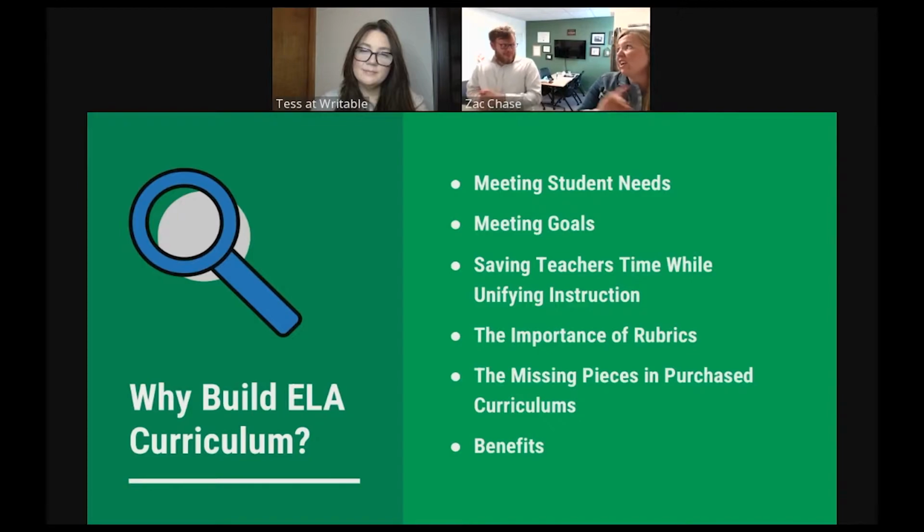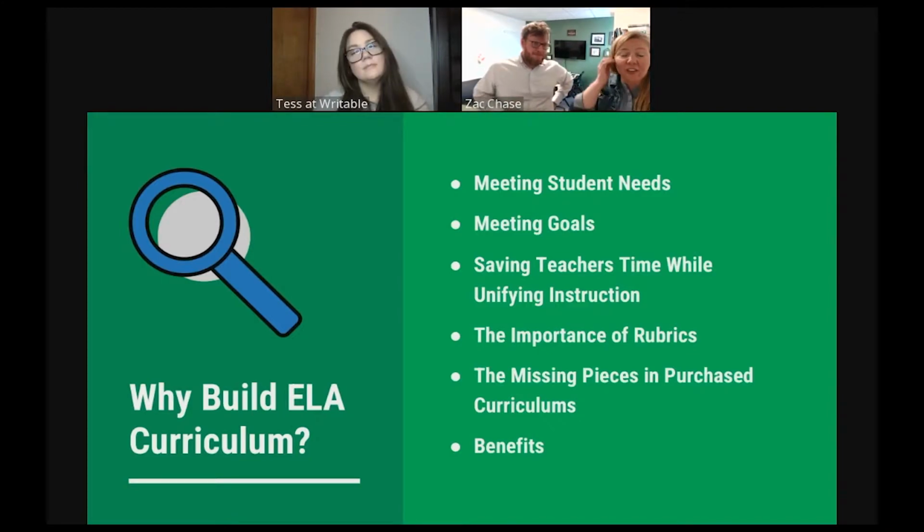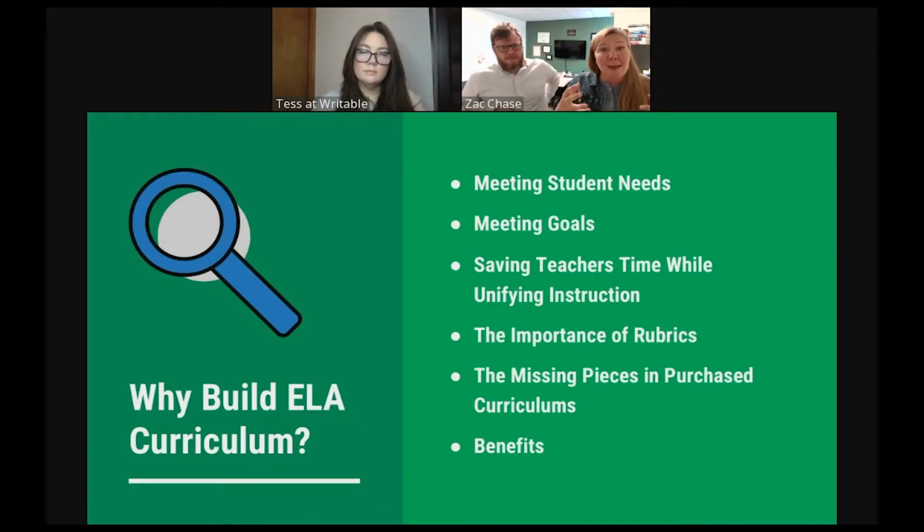I think also to jump in there, the other thing that we were finding is that we had the adopted curriculum, but a lot of people were still going and doing their own thing anyways because they wanted to meet the student needs and to be responsive. But then what was happening is those experiences weren't equitable across the system.